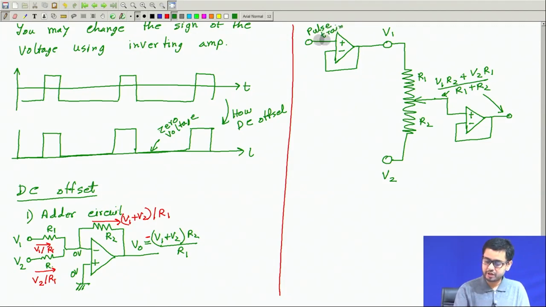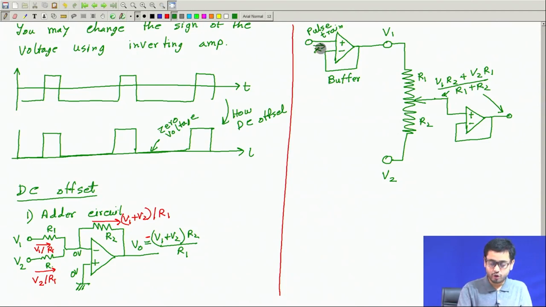So, this will simply copy this voltage from here to here. This is just a buffer. What is a buffer? A buffer is something which copies one voltage from one point to another, but without drawing any current. No current is drawn.